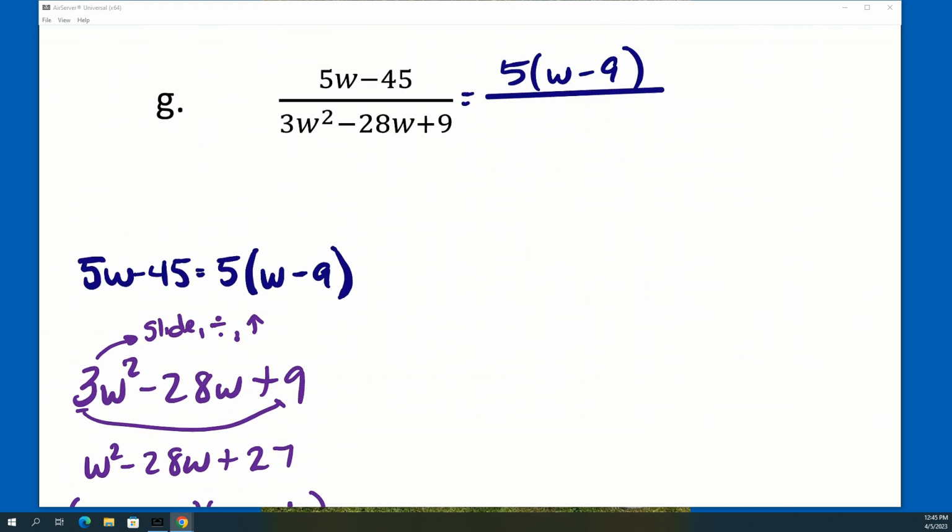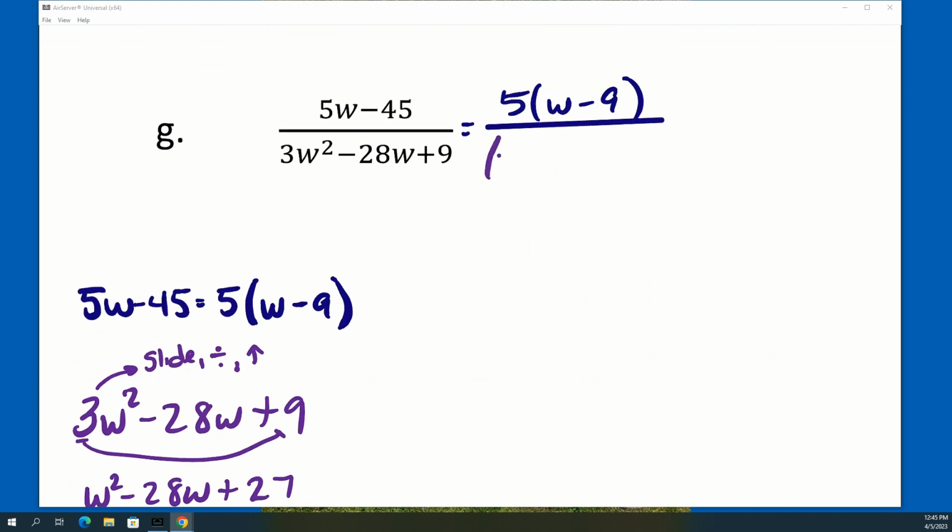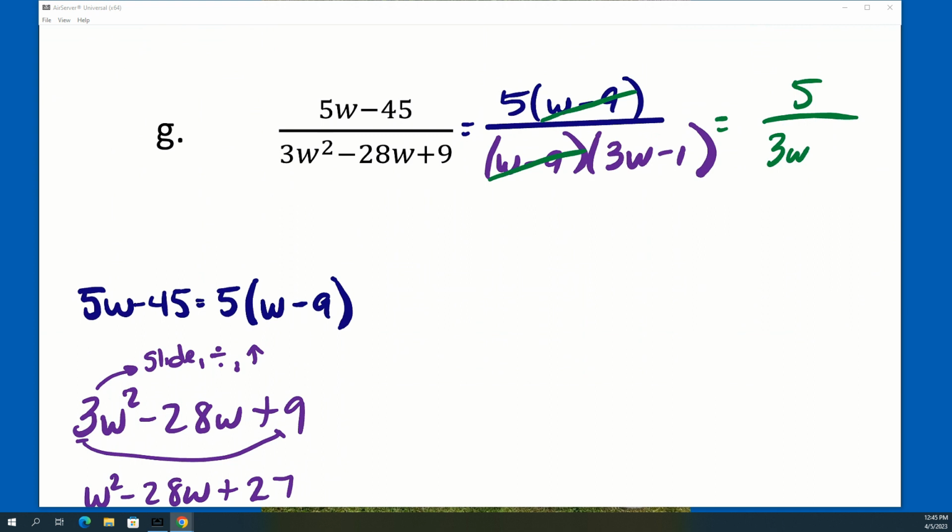Okay, so that's my denominator. All right, w minus 9 has to die. And we're left with 5 on the top and 3w minus 1 on the bottom.